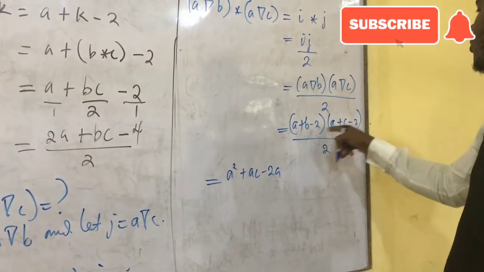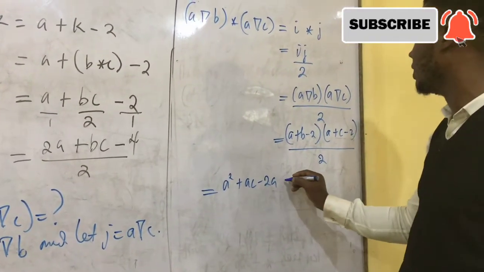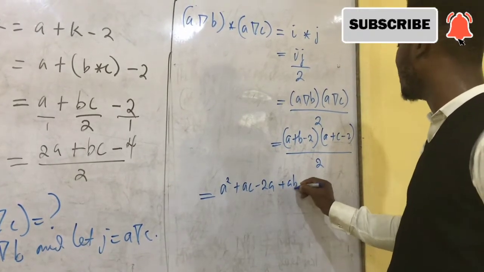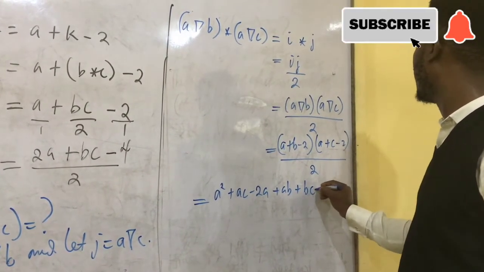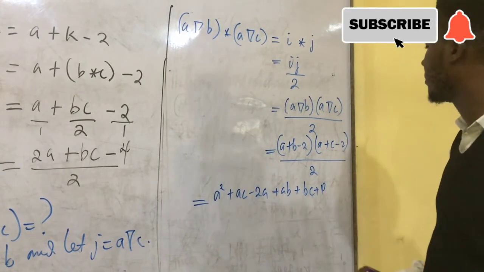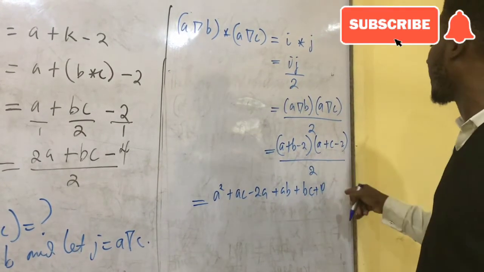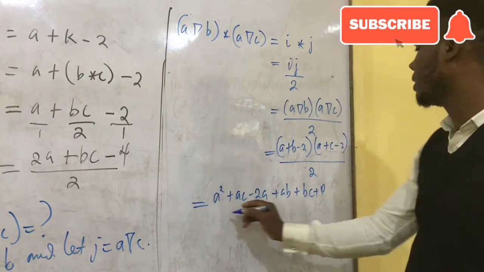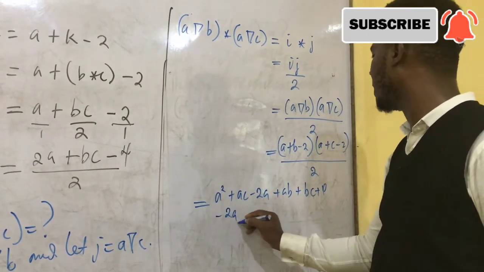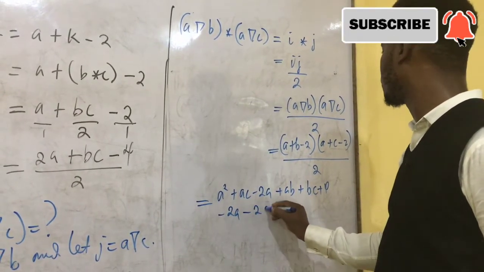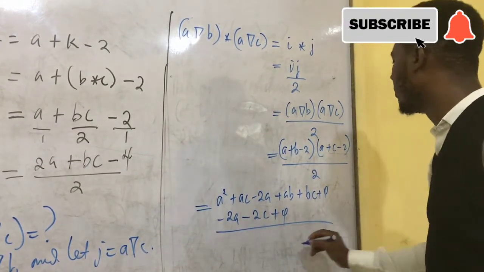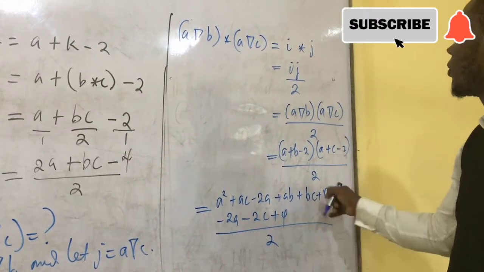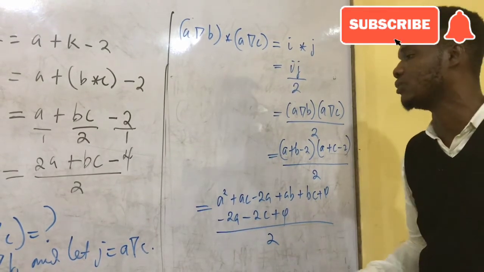I'm going to use b to multiply everything in this bracket, and that will give me plus ab plus bc minus 2b. Then finally, using minus 2 to multiply everything here gives me minus 2a minus 2c plus 4. Okay? Now clearly, no matter how you simplify this result, the two sides are not the same.